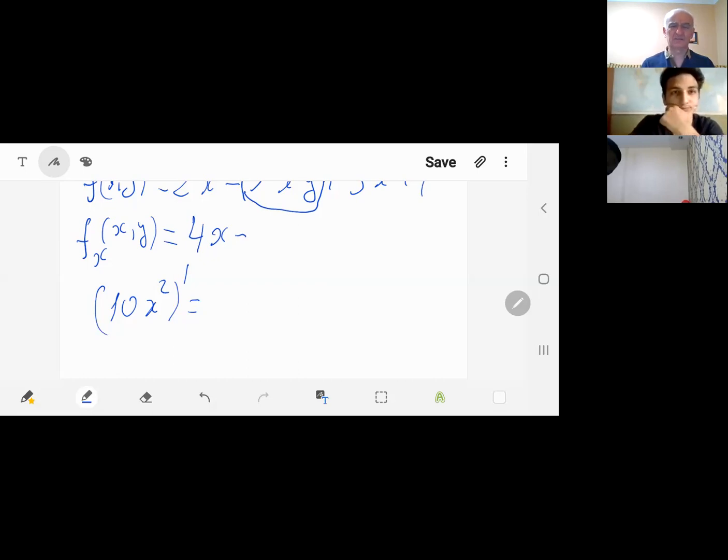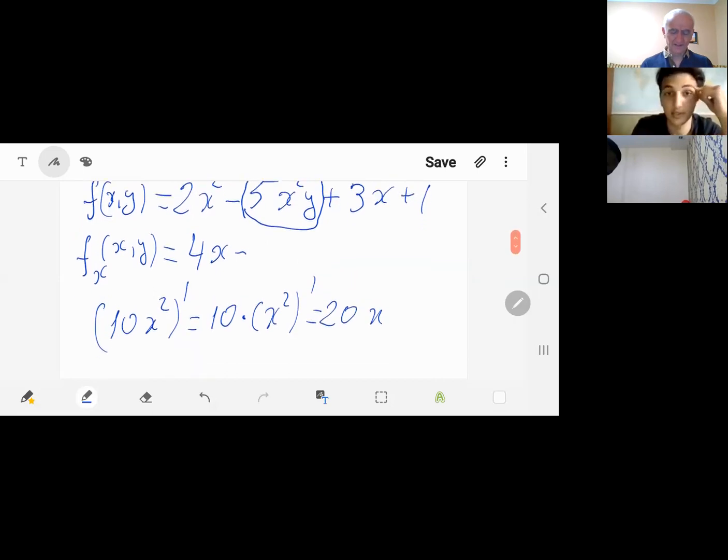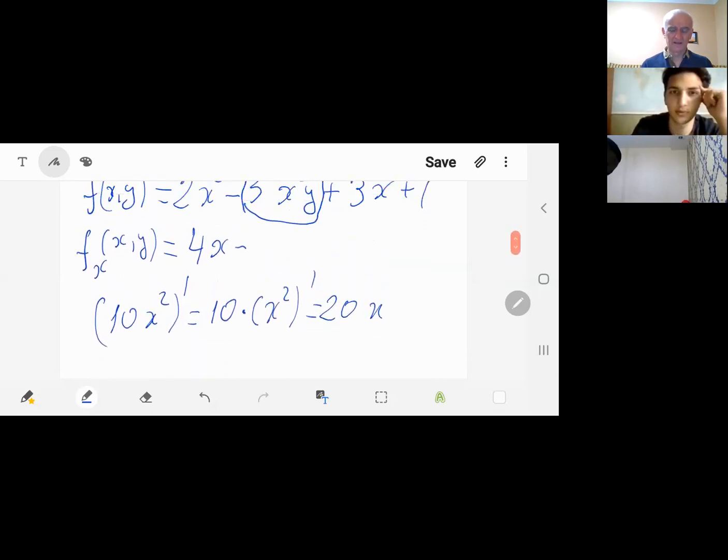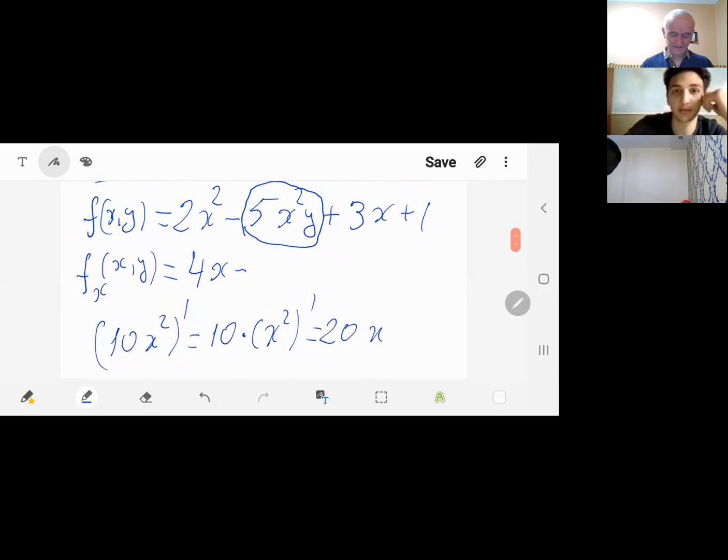Because 10 is constant, and constant we can move out of derivative. So 10 times x squared derivative. Yes. And now we know derivative of x squared is 2x, and that's why it's 20 times x. So it means the answer will be 10xy. Oh yes, very good.